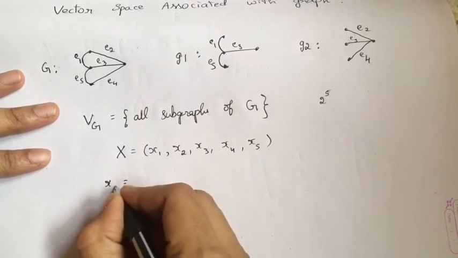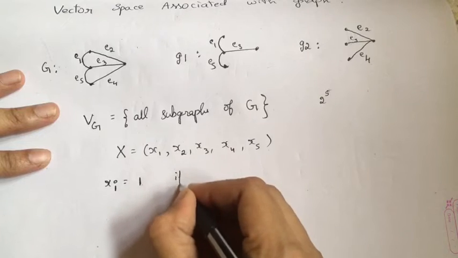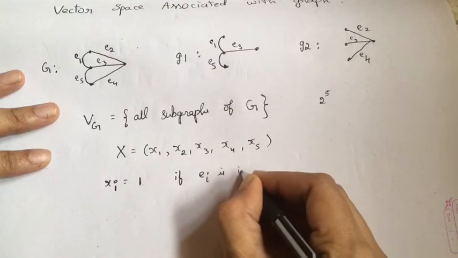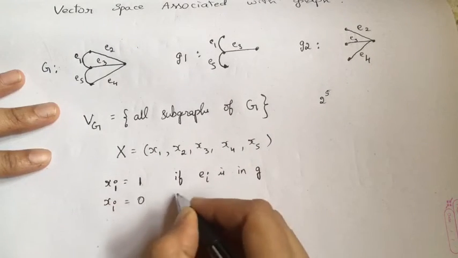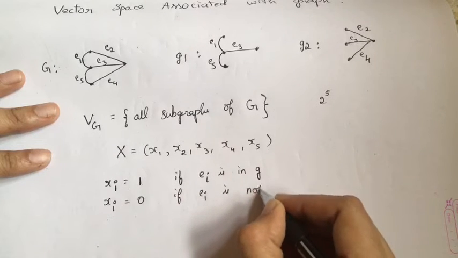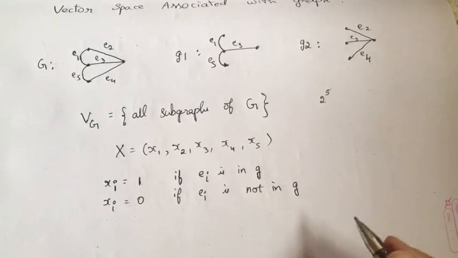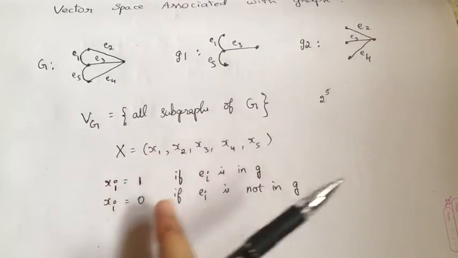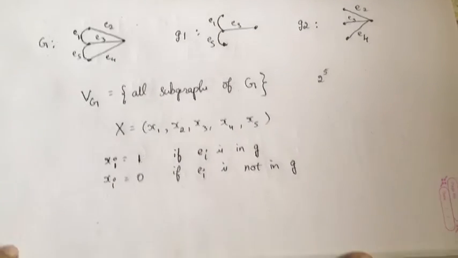The entry xi is 1 if the edge ei is in the subgraph, and the entry is 0 if ei is not in the subgraph. So I am representing these subgraphs using n-tuples based on this condition. So how is G1 now?